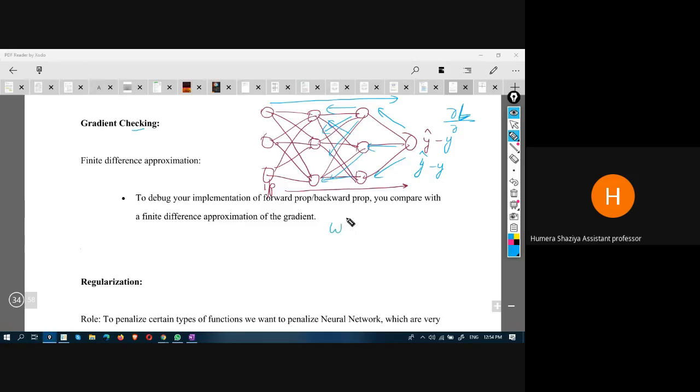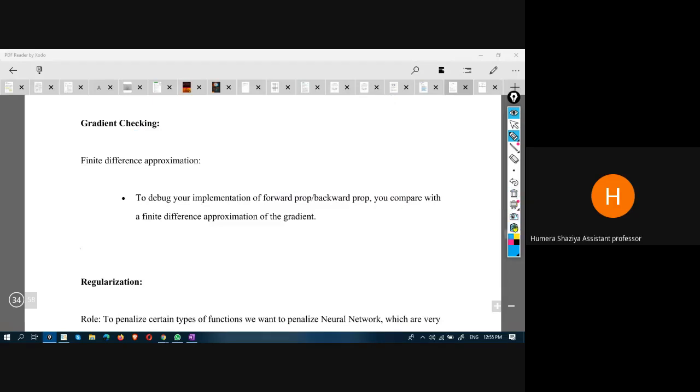So gradient descent equation is W new equals W old minus eta into the derivative of loss with respect to the old weights. Okay, this is that point.